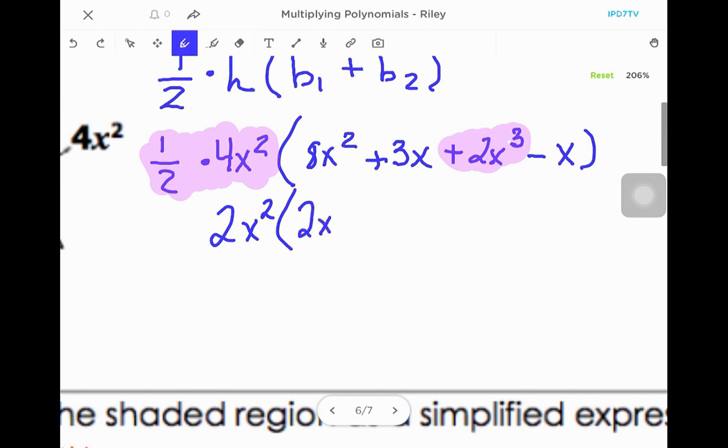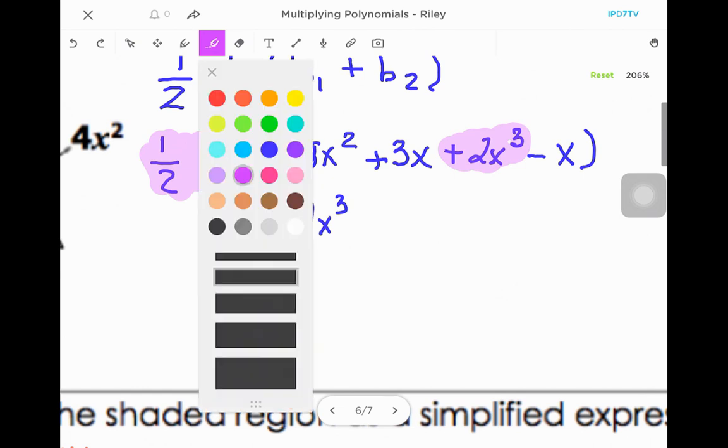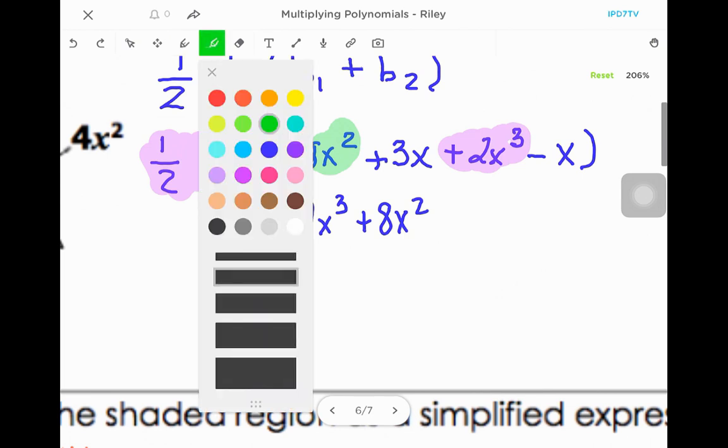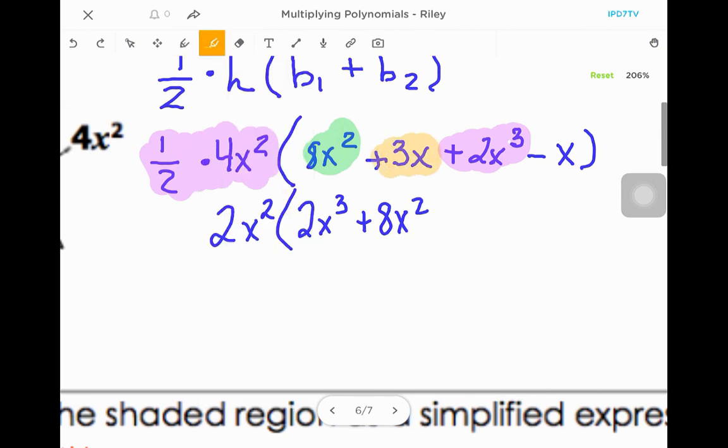So let's just bring down 2x cubed. Is there anything that can go with 8x squared? Not that I see. So let's just bring it down. All right. Is there anything that can go with 3x? Why, yes. Plain old x. So what's 3 minus this 1x? Well, that's 2 x's. So we kind of just simplified our life a little bit.